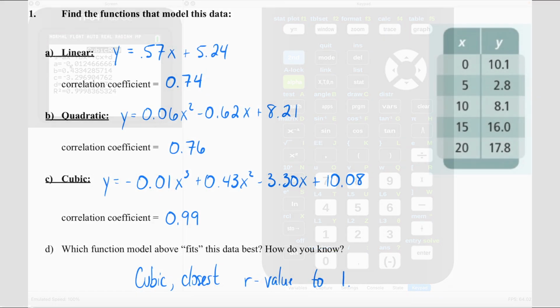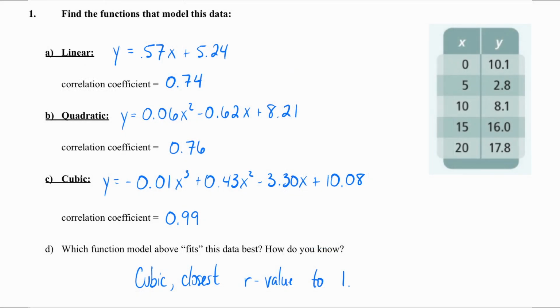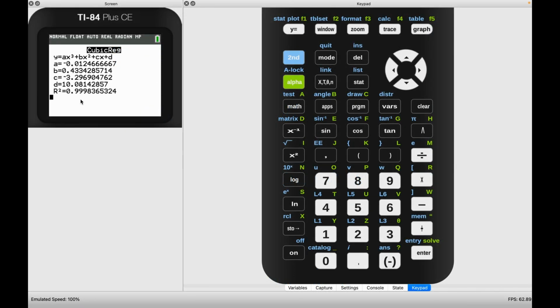So my equation would be y is equal to negative 0.01 x to the third plus 0.43 x squared minus 3.30x plus 10.08. And then that correlation coefficient right there, if we round to the nearest hundredth, would end up rounding up to 1.0. I'm going to put it down as 0.99 just because it isn't exactly 1.